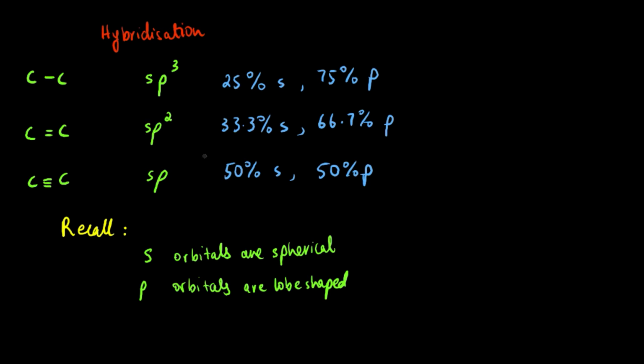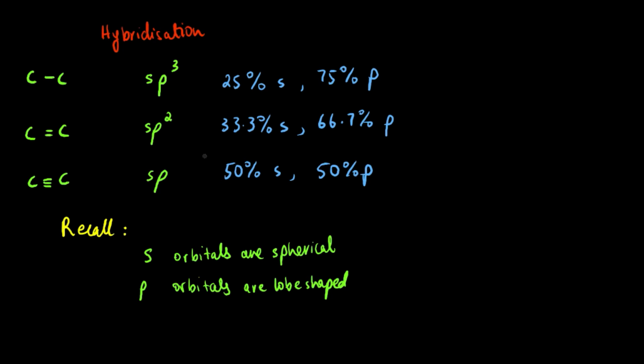Hello everyone. Today in this video lecture we will be covering hybridization, which is a subtopic of chemical bonding. Hybridization is basically a term given to the phenomenon of mixing of orbitals. This mixing of orbitals is exactly why covalent bonds between different non-metallic atoms occur and why they can be formed.